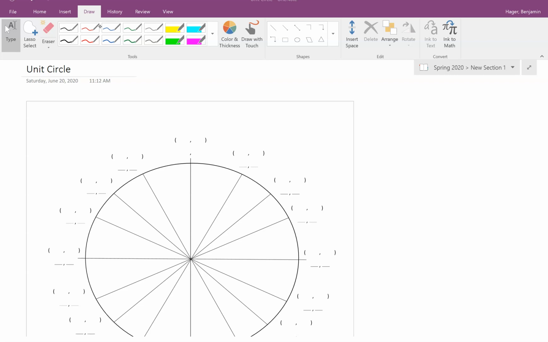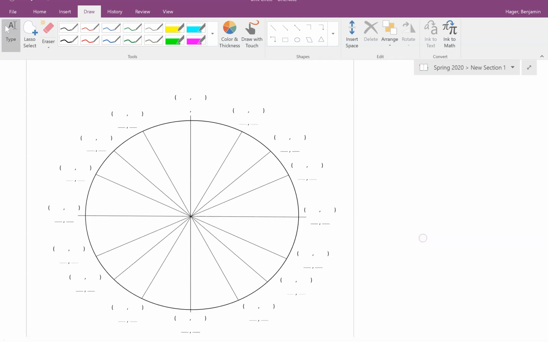So in this video I want to go through how we generate these things and how we can use the unit circle to help us down the road. The first thing that I'm going to probably say many times over is you really just need to focus on quadrant 1. If you know all the cosine and sine values for quadrant 1, you're set.